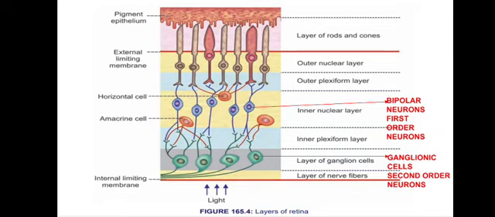Here we have to discuss the most important points: the bipolar neurons, which are the first order neurons in the visual pathway, and the ganglionic cells, in the layer of ganglionic cells, which are the second order neurons of the visual pathway.